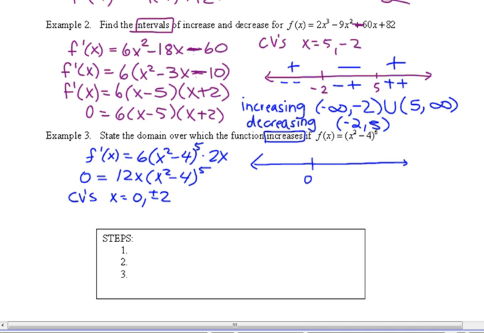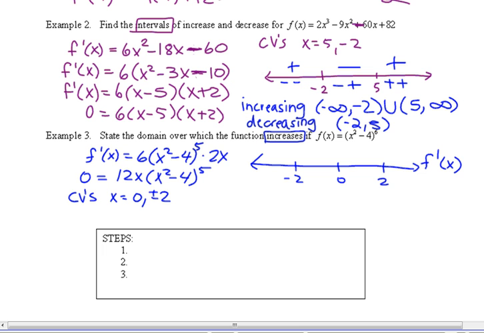Should probably go like that: -2, 0, 2. And this is f prime of x. Okay, let's start with a number less than -2. -10. Okay, let's do mental math. I'm going to stick to small, -3, because I'm going to have to square this.